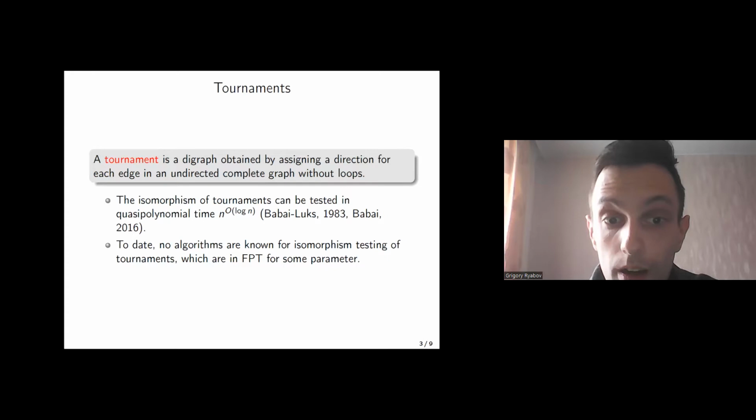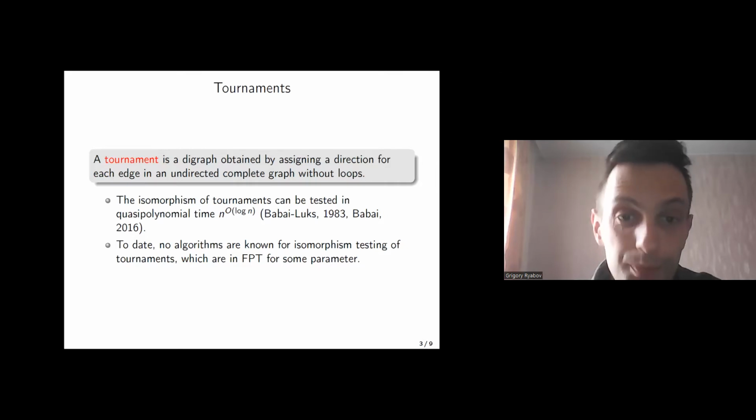However, to date, no algorithms are known for isomorphism testing of tournaments which are FPT for some parameter. And this is another reason for studying this question and to be interested in this work.